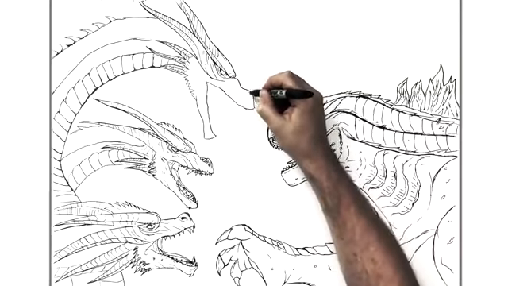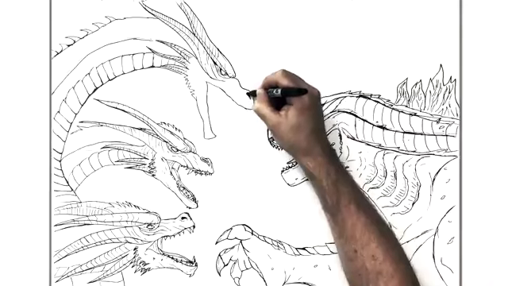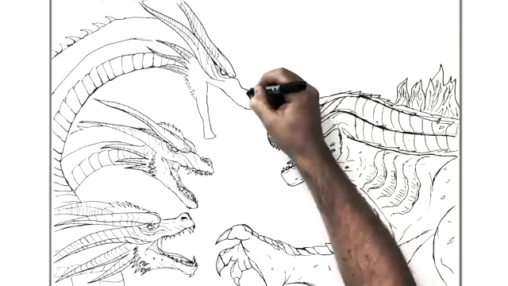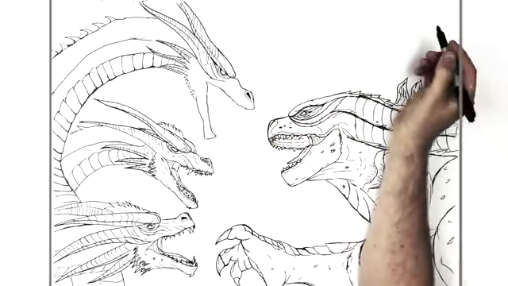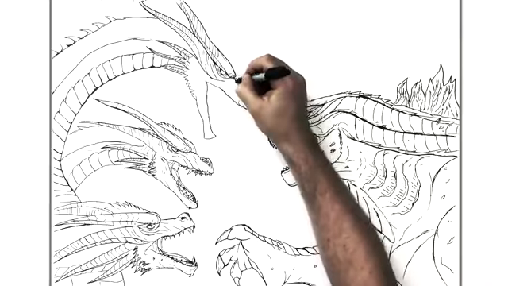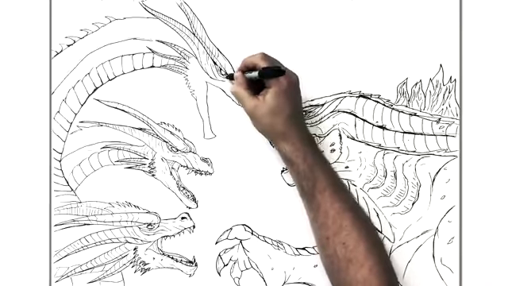So his nostril, like a spike just here, and you can add extra lines just around it. He might have some bumps and scales and stuff on his nose.